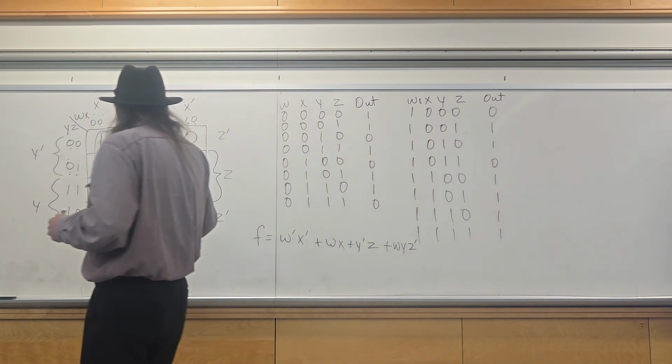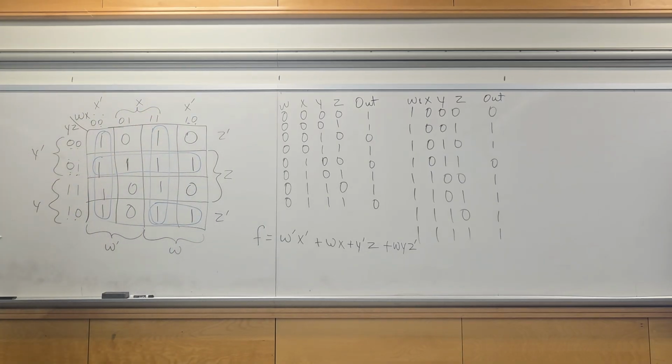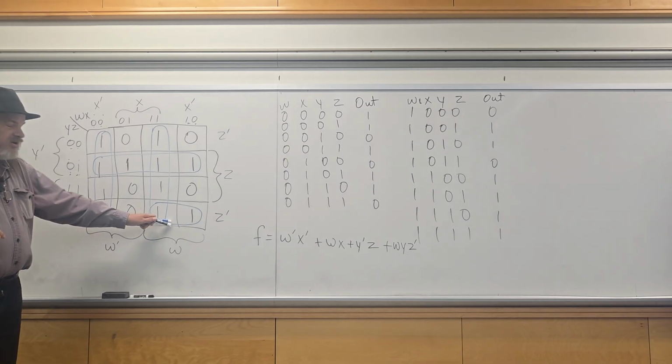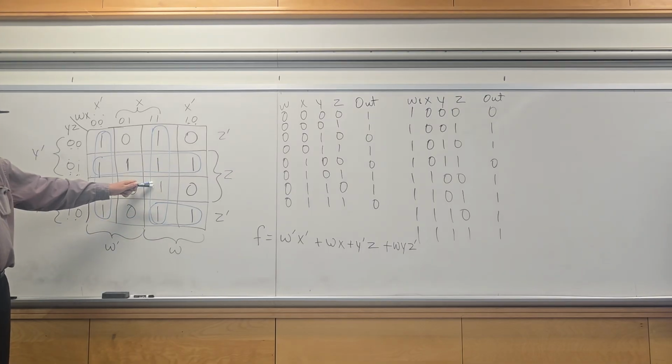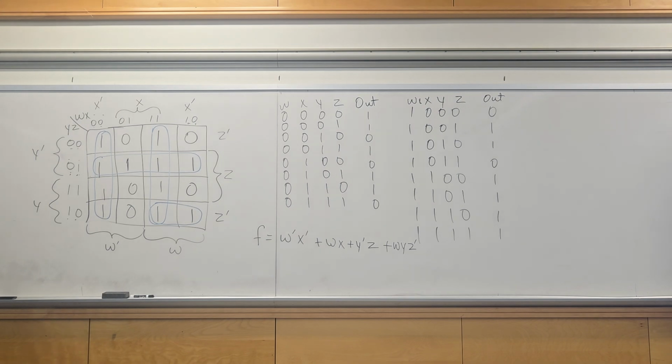X doesn't matter because it's in both X and X prime. So on a 4x4 K-map, a group of 2 is 3 literals. A group of 4 is 2 literals. A group of 8 would be 1 literal. We didn't get a group of 8 on this one, but it would be possible.